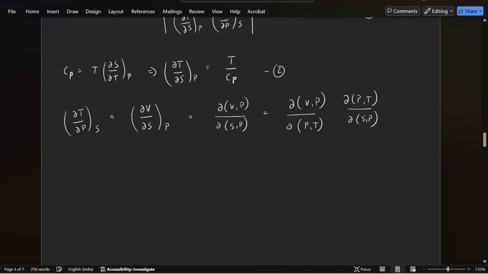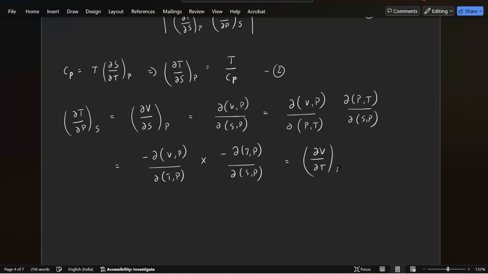So we see that again, it will be minus V by del T, P comma T, and again it will be into minus del S, T comma P. So again minus minus will get cancelled. So this will become something like del V, P and del T by del S at constant pressure.